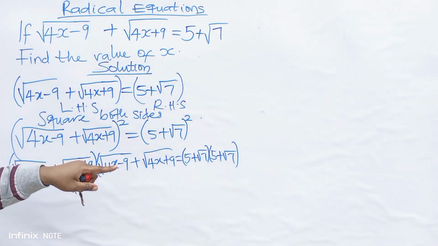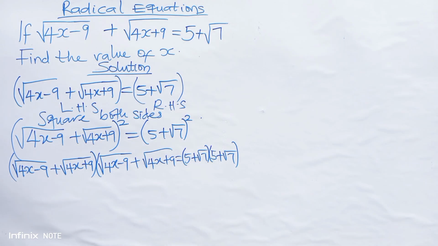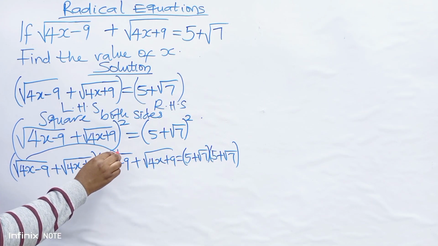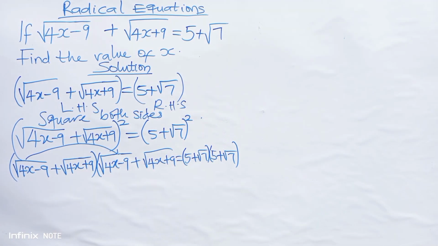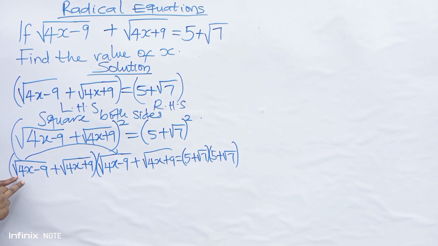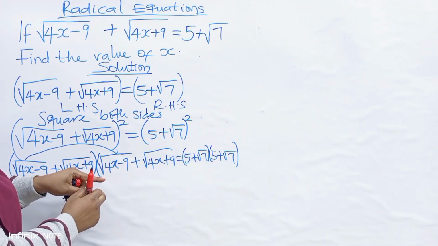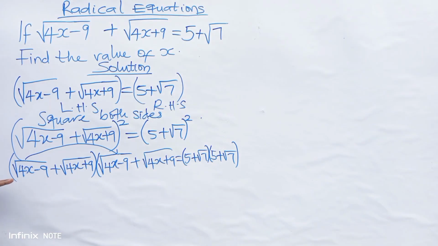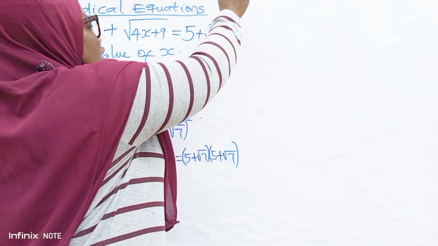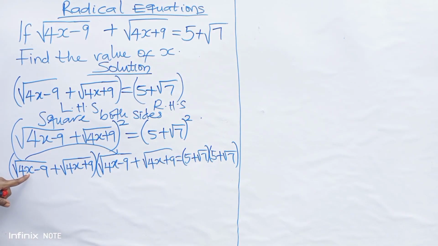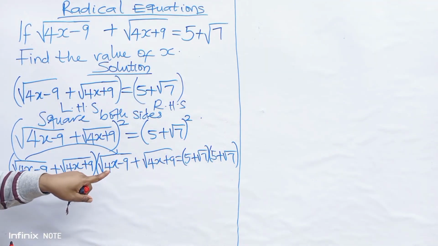So after expanding it like this, you take the first expression of the first bracket, and use it to multiply the first expression in the second bracket. That means you are multiplying root 4x minus 9 by root 4x minus 9. You have to be careful here. You can see that they have the same expression inside, 4x minus 9, 4x minus 9.